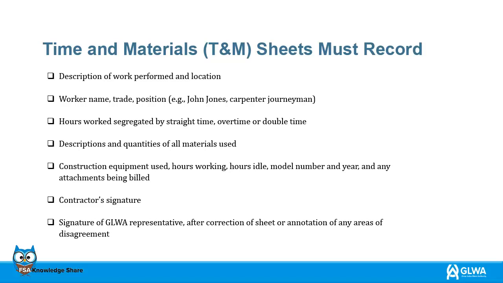Therefore, at a minimum the following items should be provided: description of work performed and location, worker name, trade, position, for example, John Jones, carpenter journeyman, hours worked segregated by straight time, overtime or double time, descriptions and quantities of all materials used, construction equipment used, hours working, hours idle, model number and year, and any attachments being billed, contractor's signature, and signature of GLWA representative, after correction of sheet or annotation of any areas of disagreement.